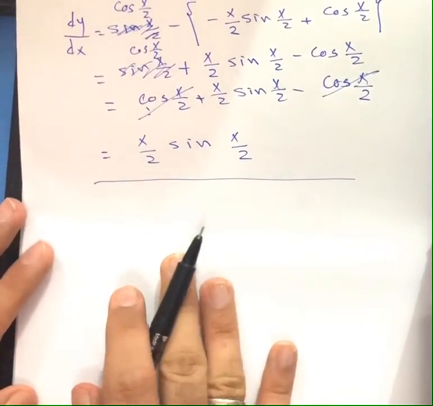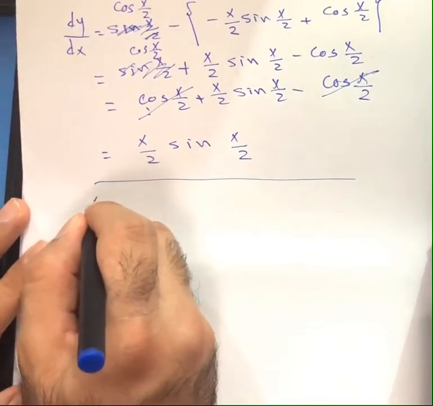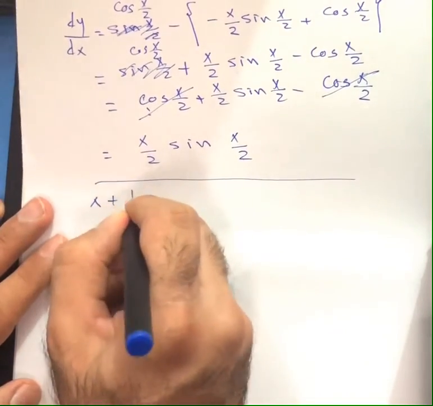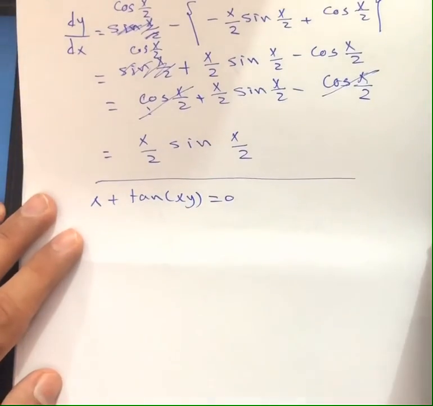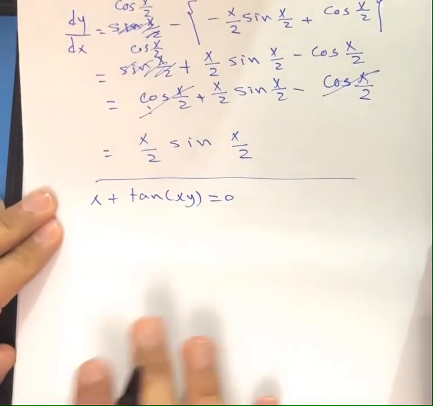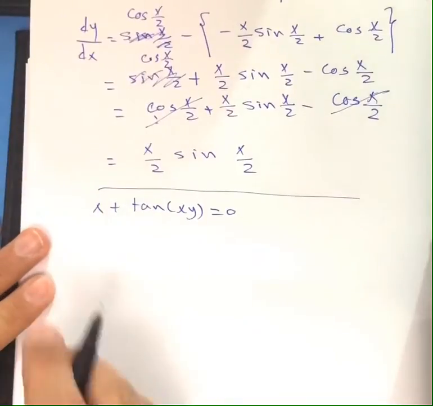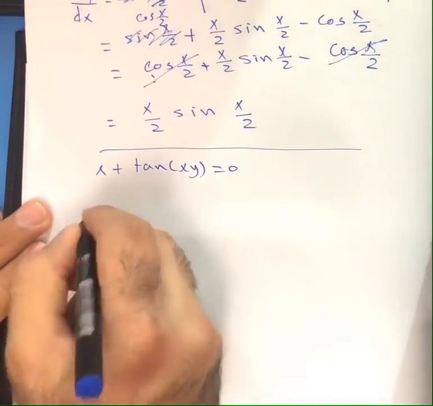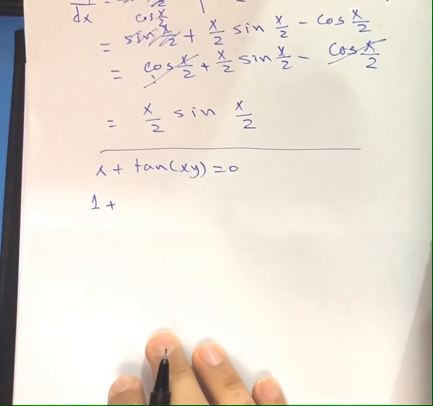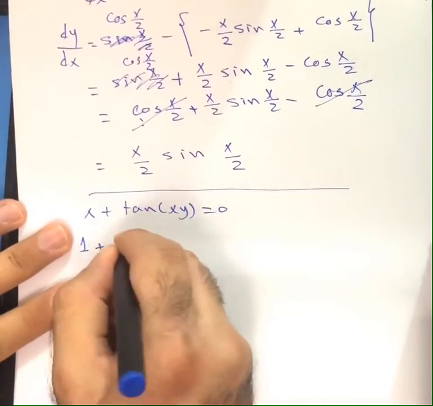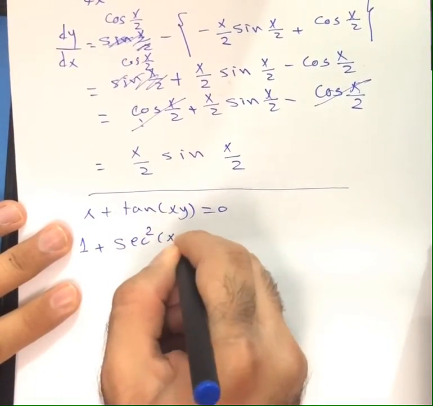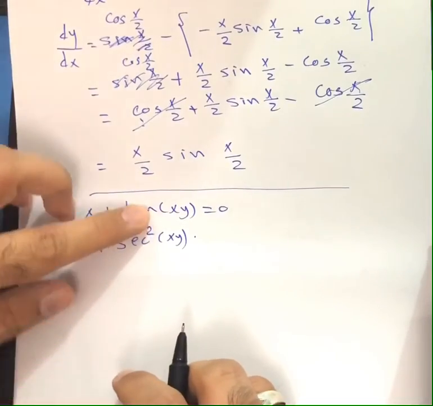Now let us take another example, which is x plus tan xy equal to 0. Let us illustrate the implicit differentiation of this example, which is the derivative of x is 1 plus the derivative of the tan function, which is sec square xy multiplied by the derivative of the angle.